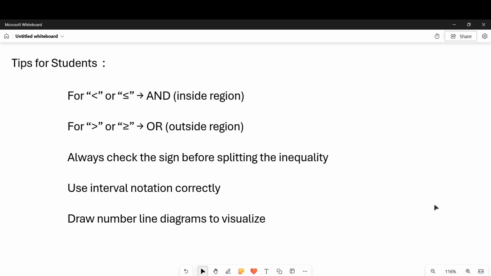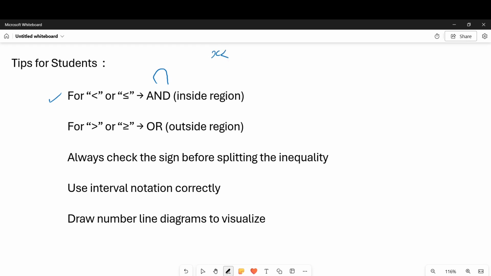Okay, the next section is tips for students. When we have inequality equations with absolute values, keep in mind the first point: whenever you have less than or equal to, always look for the common region, that means 'and', the intersection.